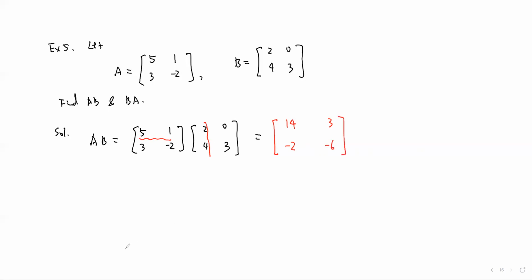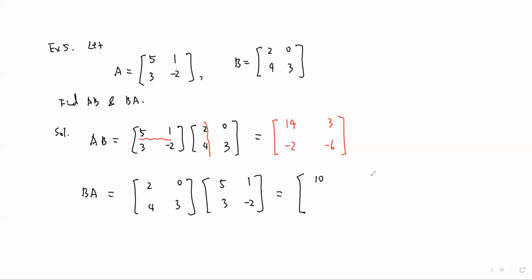All right. Now, how about B times A? Also computable. B is 2, 0, 4, 3. A is 5, 1, 3, -2. The result should be 2 by 2. The 1, 1 entry, row 1, column 1: 2 times 5, 10.